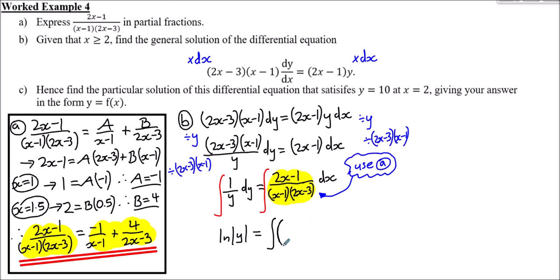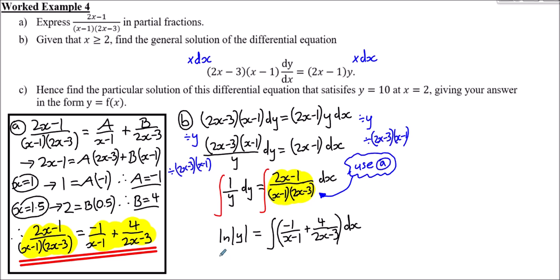So I'm going to get minus 1 over x minus 1 plus 4 all over 2x minus 3 with respect to dx.